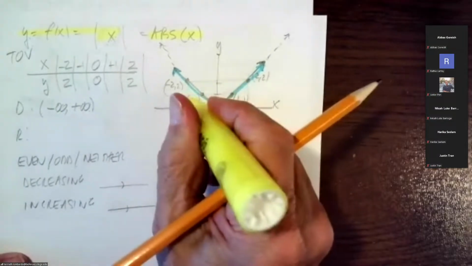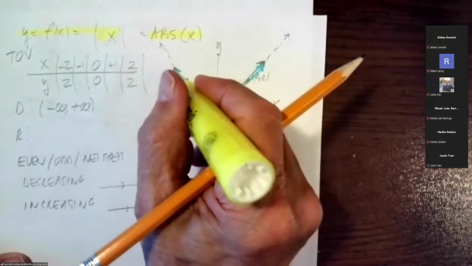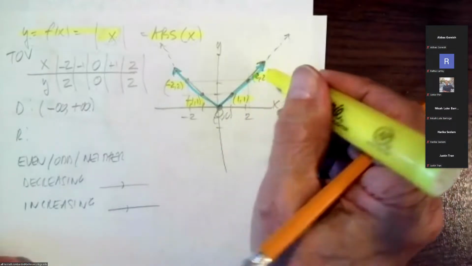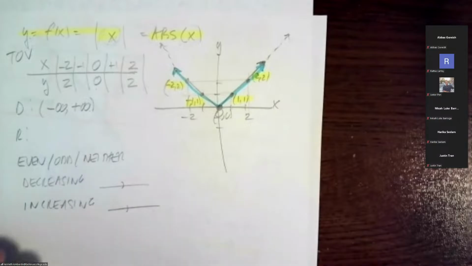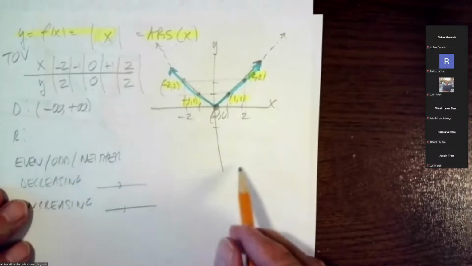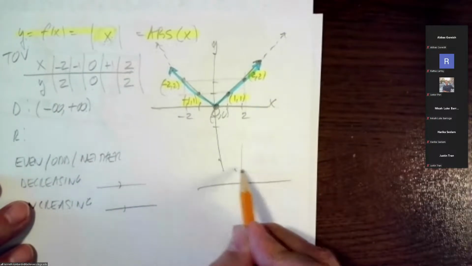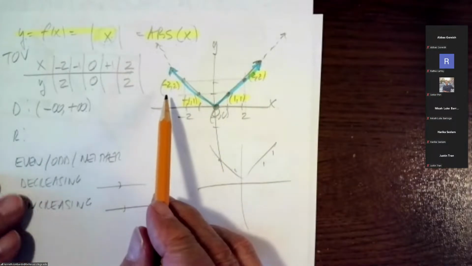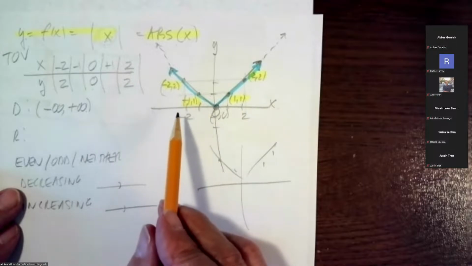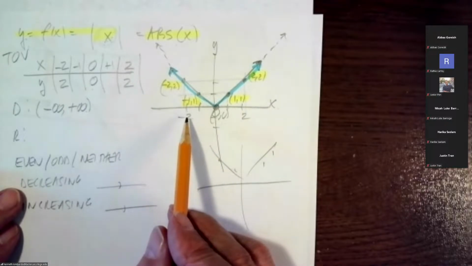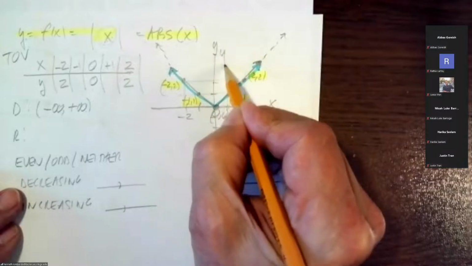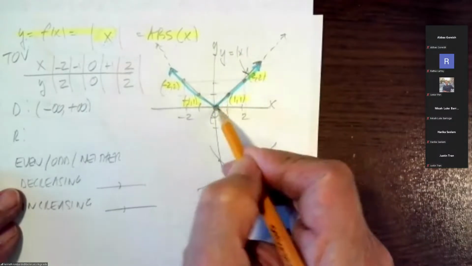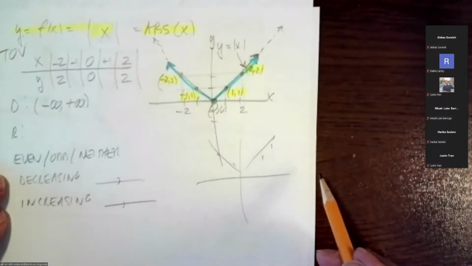So if this is point 1 and 1, and that's point -2 and 2, and this is point +1 and +1, and +2, +2, I would label your points rather than just say it looks sort of like this and sort of like that. I want to see a little more detail in terms of you showing me where the points are and labeling your points. You could also say y equals absolute value of x and say, that's that curve here. It looks like this. Okay, thank you.